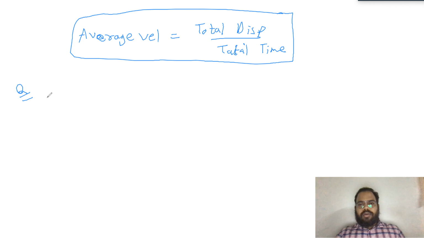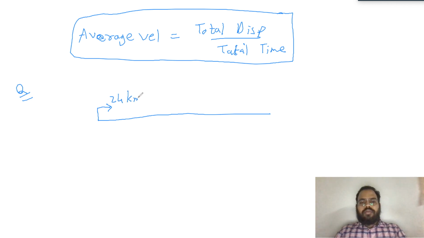So the question is, a train moves as follows. The train moves 1/3 of the time with velocity 24 km per hour.